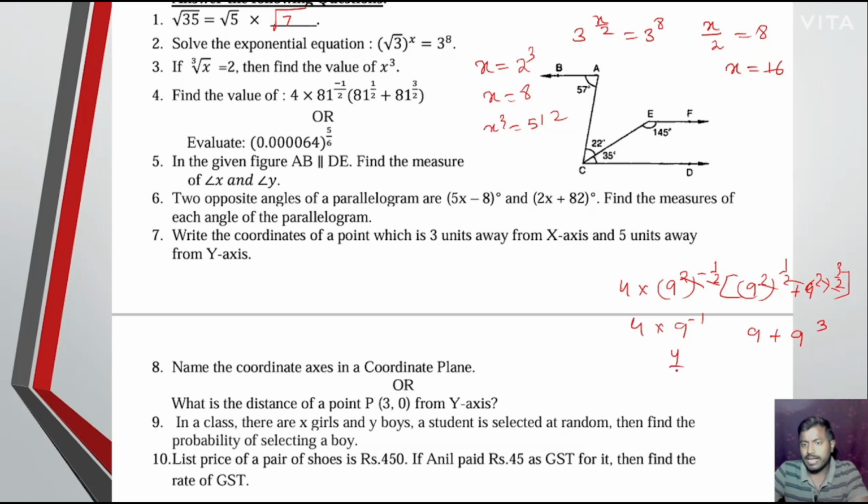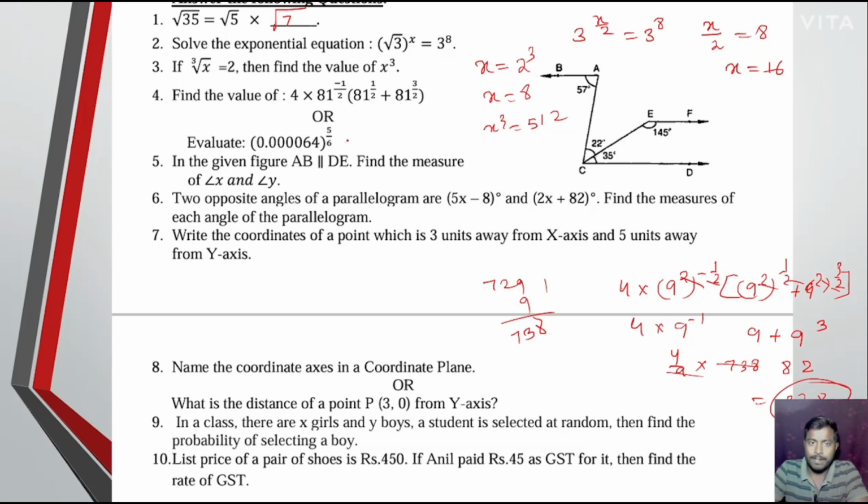So 4 by 9 into 729 plus 9, 9 plus 9, 18, so 738. So cancel 9: 8 nines are 72, 9 twos are 18, so 4 into 8, 4 eights are 32. So 328 is the correct answer.